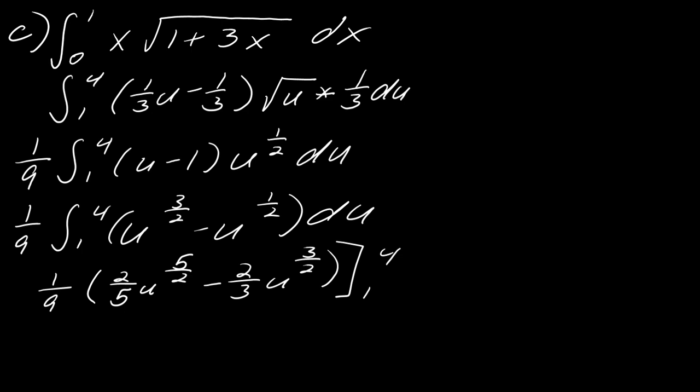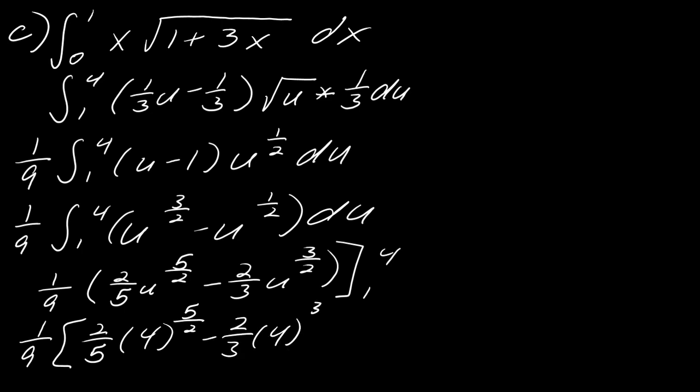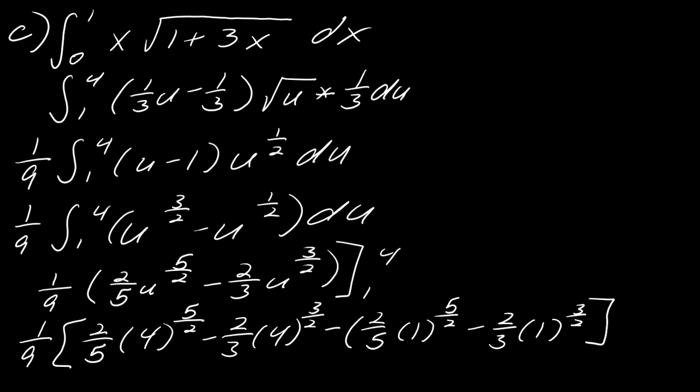So this will be 1/9 times 2/5 times 4 to the 5/2 minus 2/3 times 4 to the 3/2, and then minus 2/5 times 1 to the 5/2 minus 2/3 times 1 to the 3/2. When you break this all down, I'll do this in pieces.